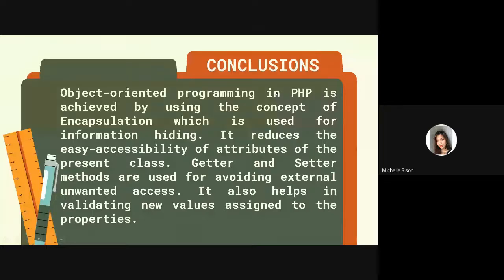Object-oriented programming in PHP is achieved by using the concept of encapsulation, which is used for information hiding. It reduces the easy accessibility of attributes of the present class. Getter and setter methods are used for avoiding external unwanted access. It also helps in validating new values assigned to the properties.